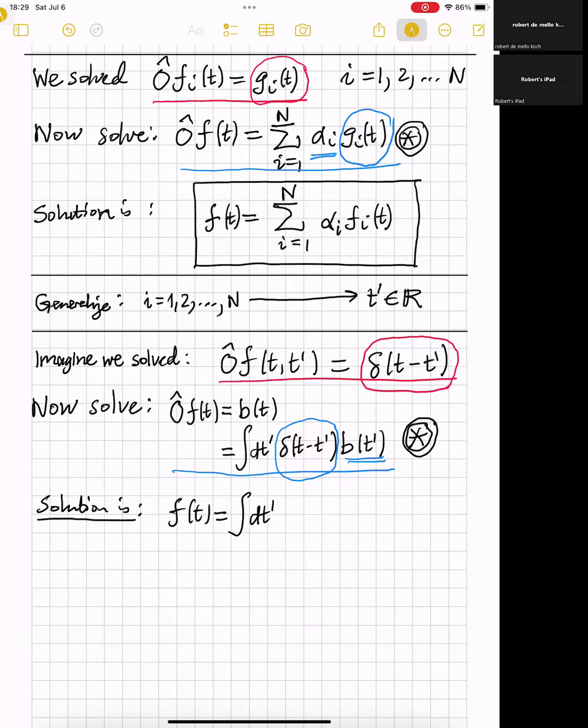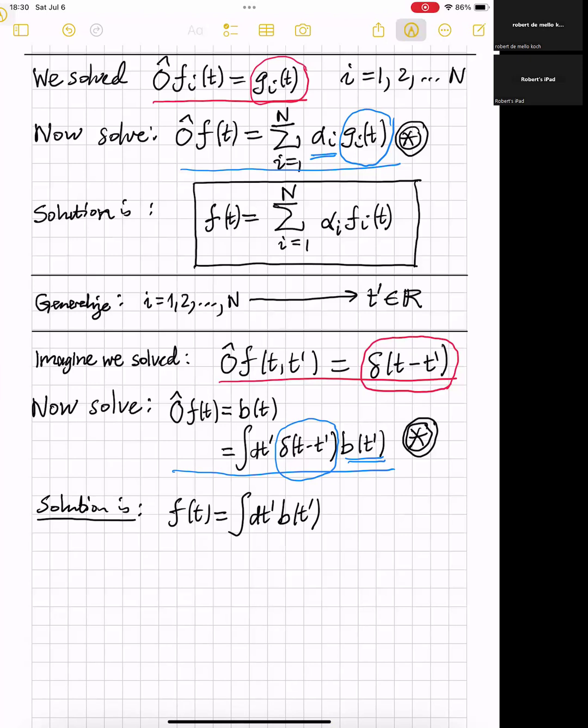That's what a discrete sum becomes. It becomes a continuous integral. And then the alpha i of t of our previous problem has become b of t prime. So we'll have a b of t prime sitting over here. And then the gi of t becomes delta of t minus t prime, okay?